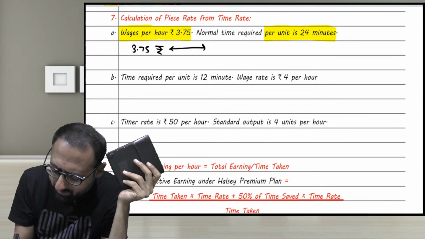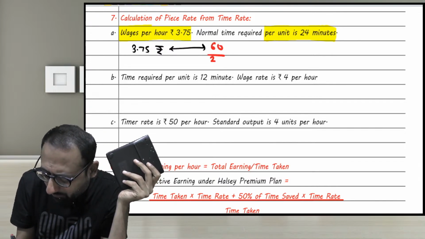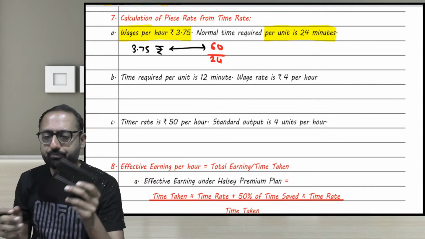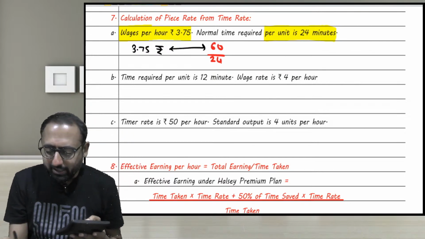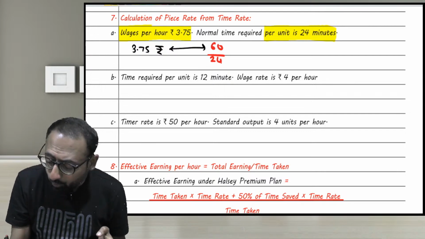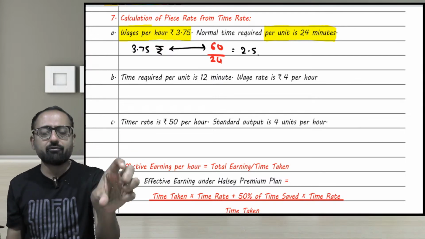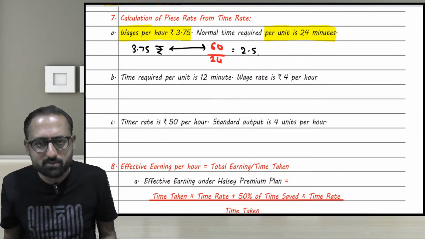In 60 minutes, how many calculators will be produced by that worker? In those 60 minutes, 60 divided by 24, 2.5 calculators will be given by that worker to you. Is it clear, guys?